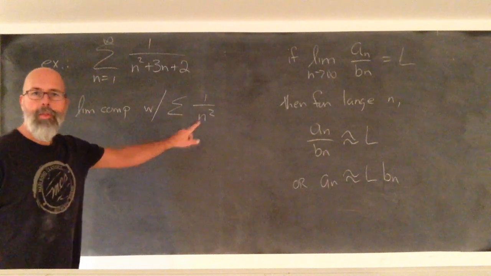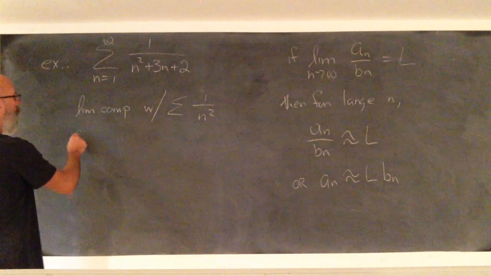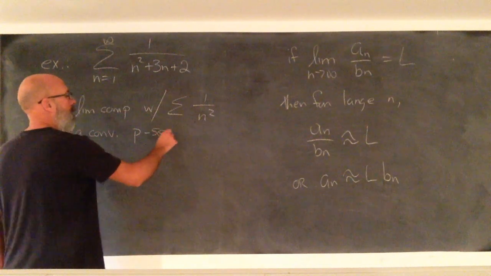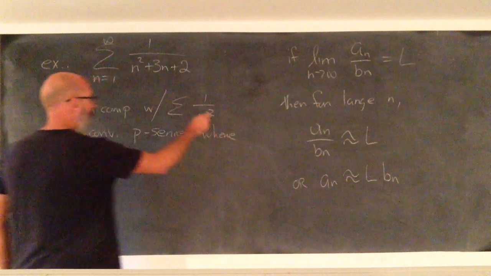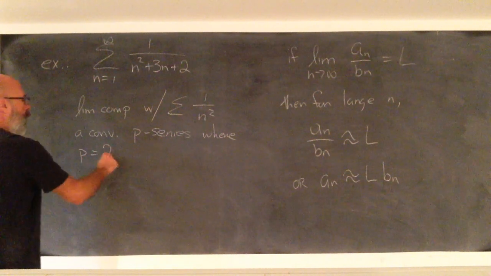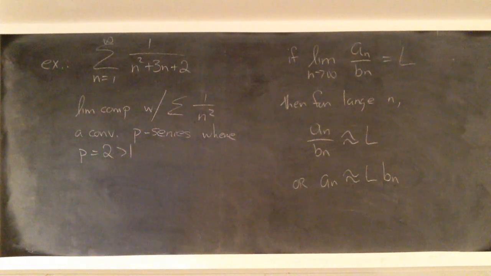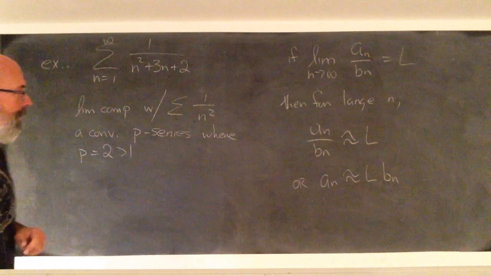And what do we know about this series? We know that this is a convergent p-series, where in this case p is equal to 2, which is bigger than 1. So we're starting out with a convergent p-series.